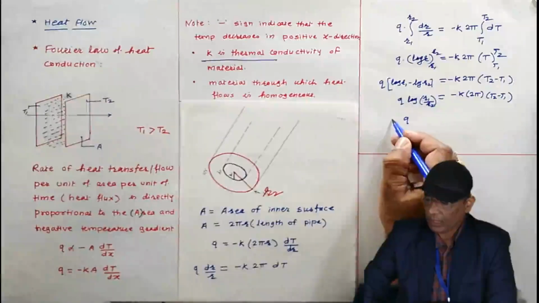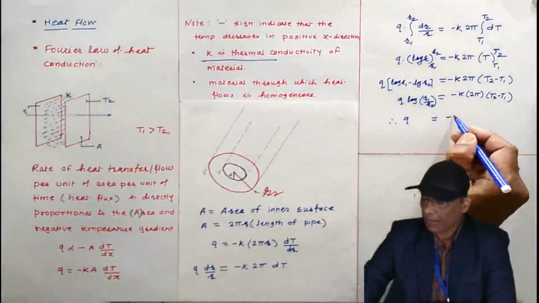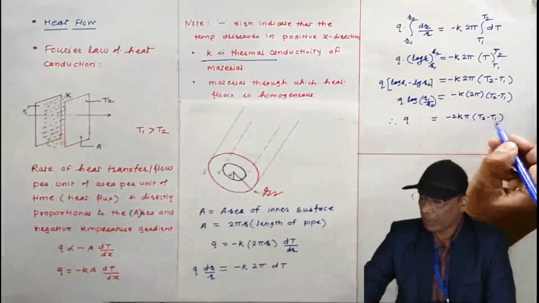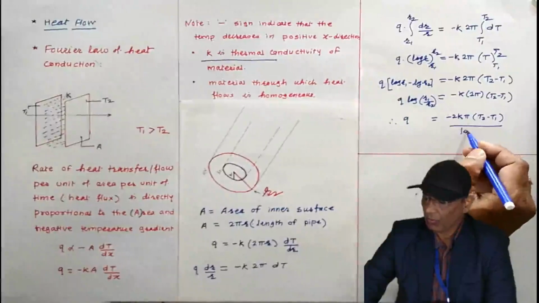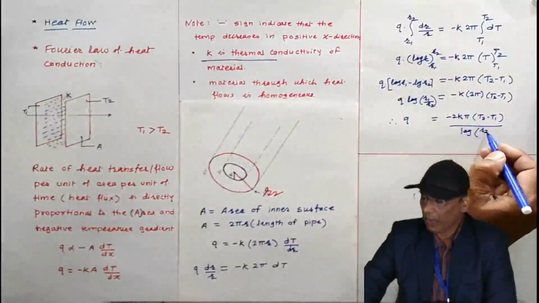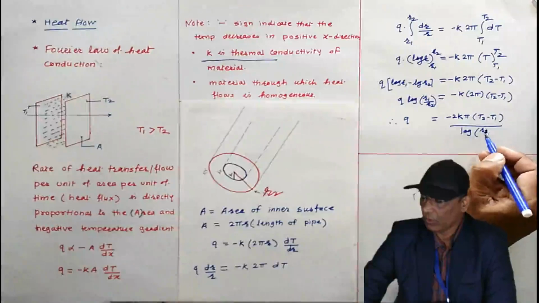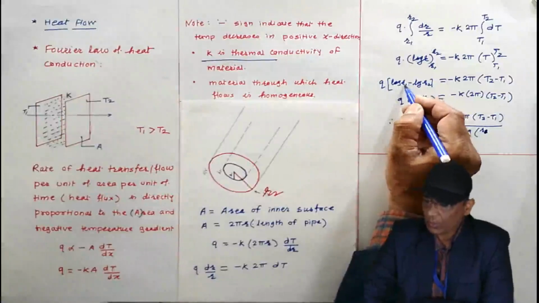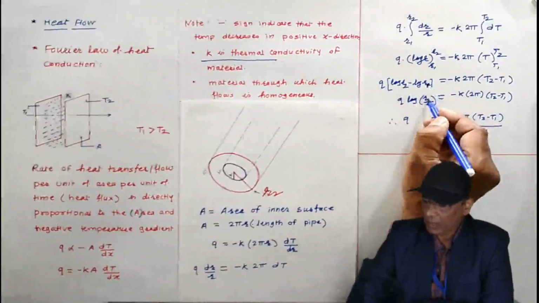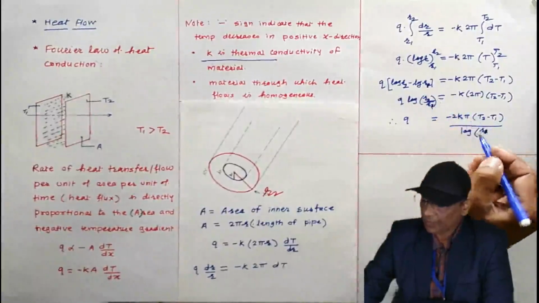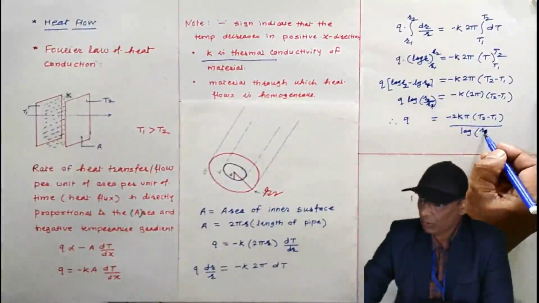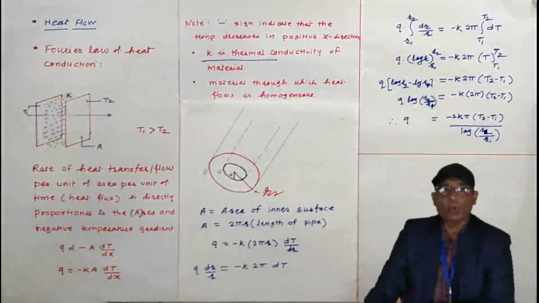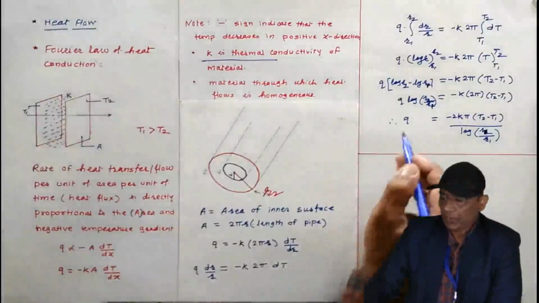Therefore, Q equals minus 2 K pi, T2 minus T1, divided by log of R2 by R1. Okay, now this is the value of Q we have found, the heat loss we have found.